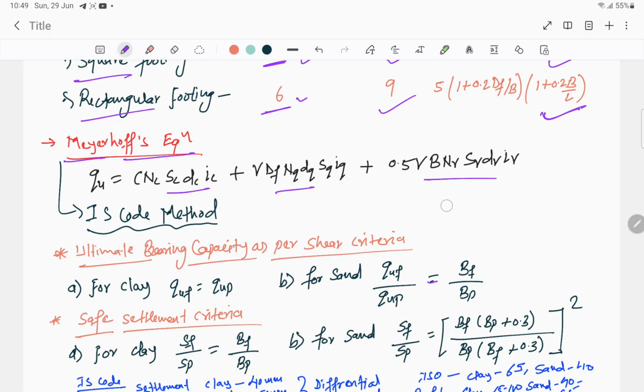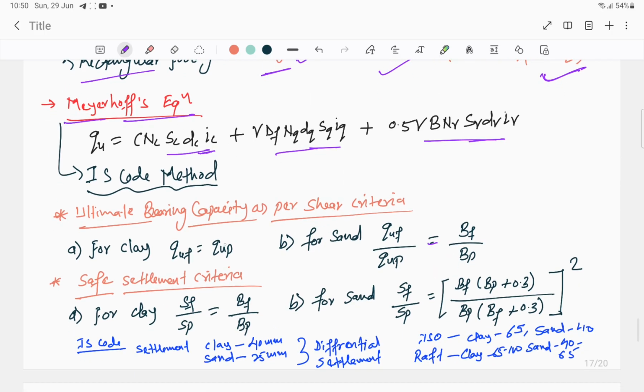These 3 factors he introduced, and the formula remains the same. Only you need to know these 3 factors: depth, shape and inclination correction factor. Our IS code also adopts the theory of Meyerhof equation to calculate the ultimate bearing capacity of the soil.